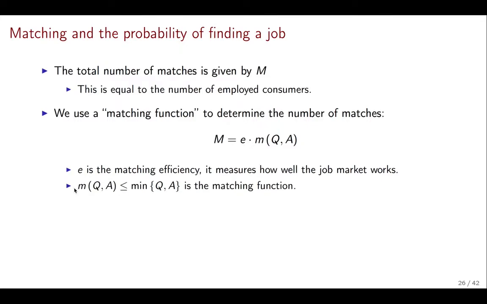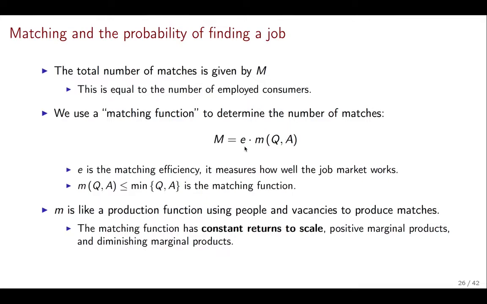I just forgot to write it. Now, what this is saying is, depending on E, for example, if E is higher, that increases the number of matches you can get for any level of Q and A, for any number of searches. That's the matching efficiency.